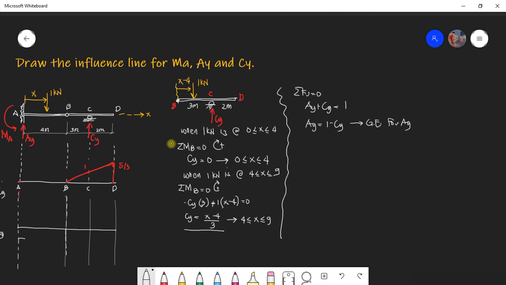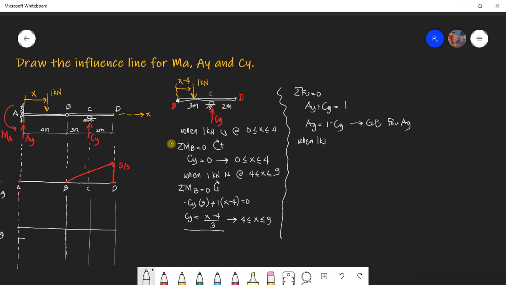Kaya lang, be careful because we have a change in value of Cy depending on the location of the unit load. So when we'll have our quiz, you don't need to write this, na sinusulat ko lang for the sake of discussion. So pag quiz, hindi nyo na kailangan gawin to.